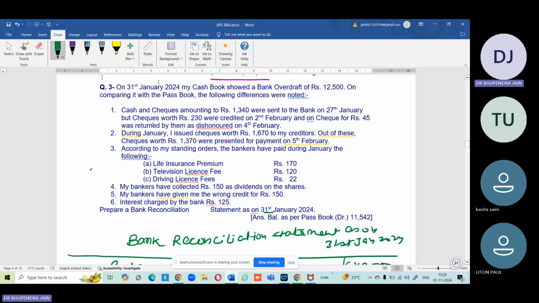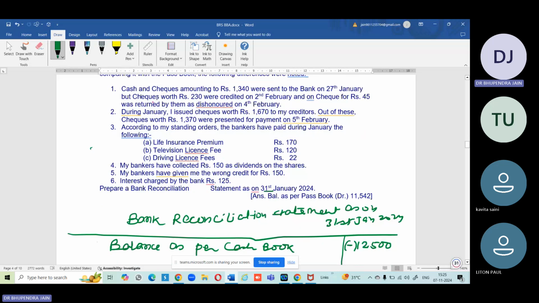The following differences were noted. Number first, cash and check amounted to 1340 were sent to the bank on 27th of January. Why do you send to the bank cash or check? That means you have received either cash or check from the customer. Whenever you receive the check or cash from the customer, you have added to your balance in your ledger, in your system.